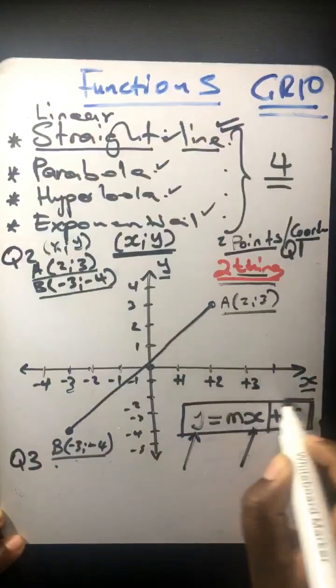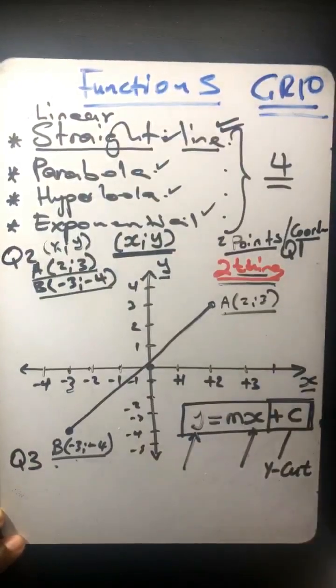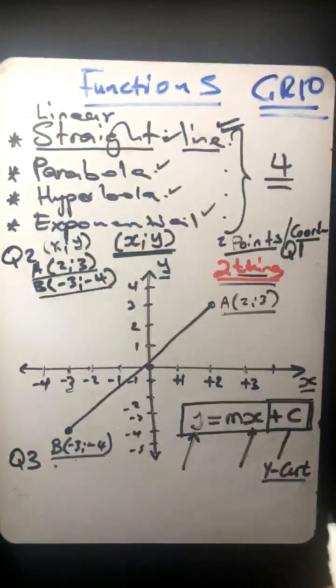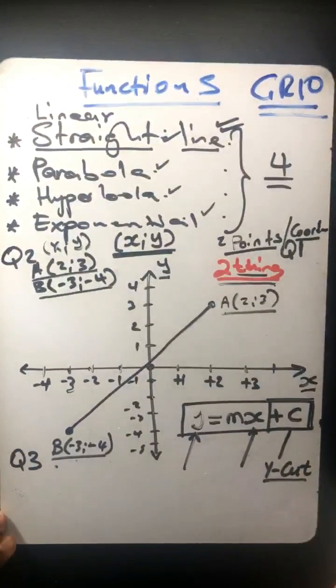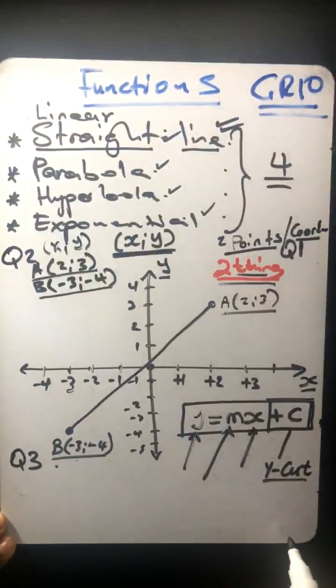And then c, they normally call it the y cut. I will explain shortly why they say it is the y cut. And then m is the gradient or the slope of a line.